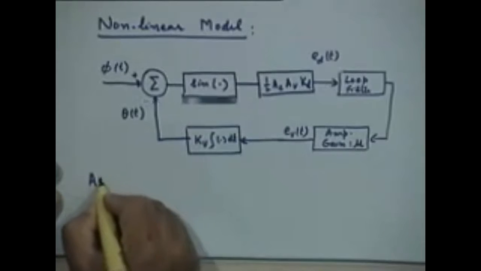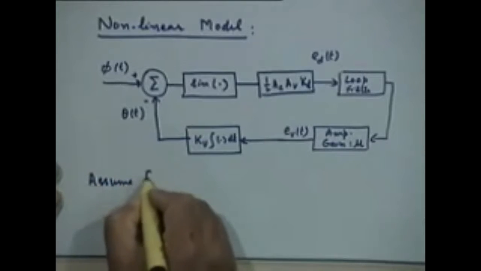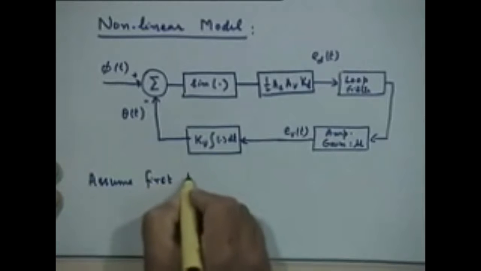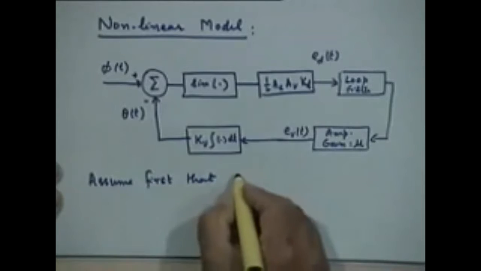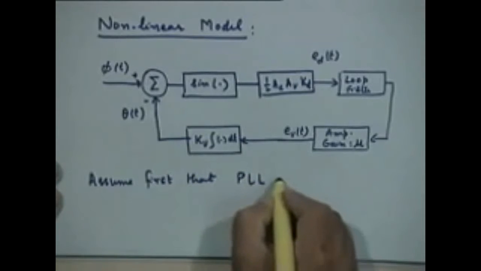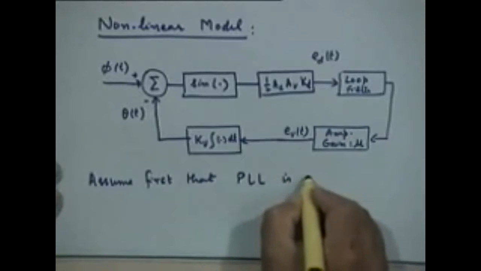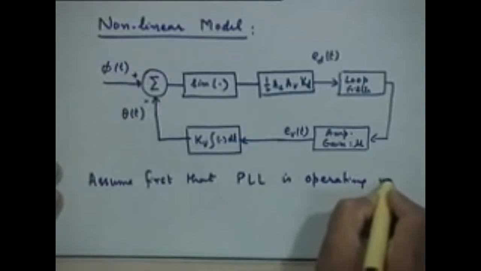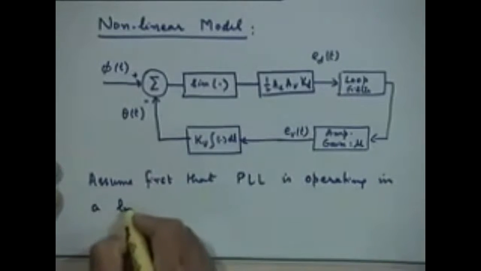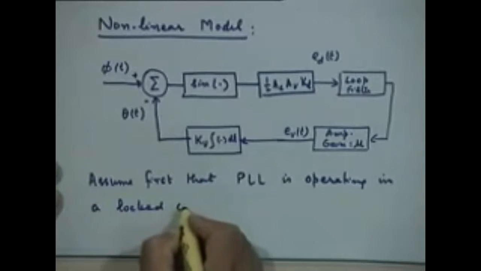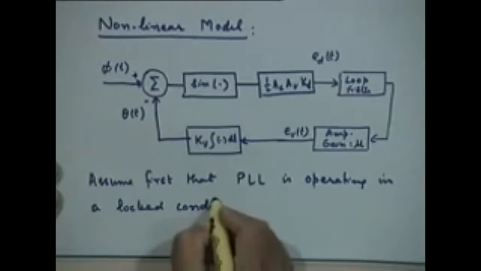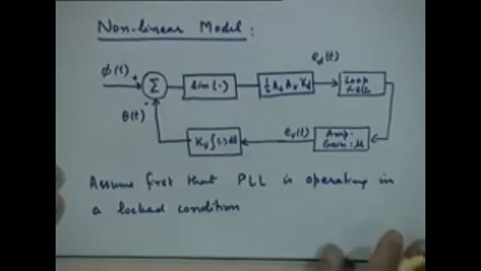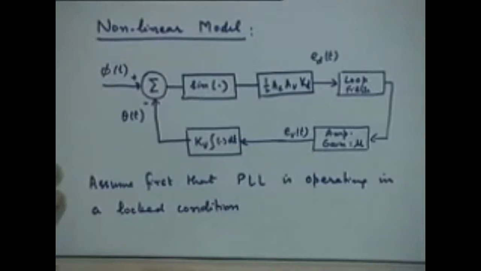So, in the first instance, assume that the PLL, the phase lock loop, is operating in a lock condition. We can simply say that the PLL is locked, which essentially means, what is the meaning of this?